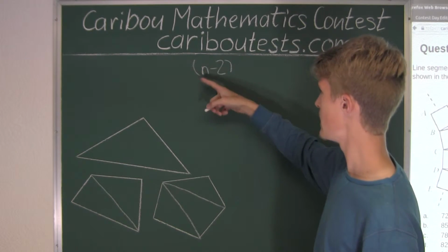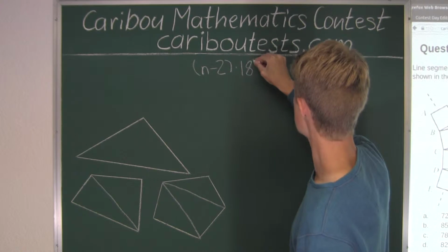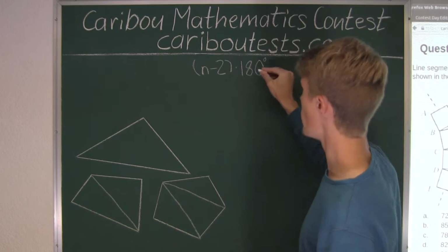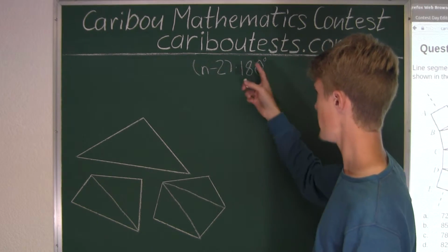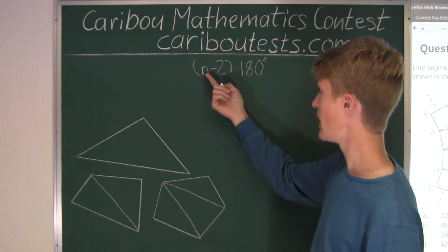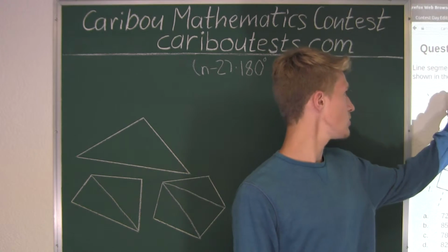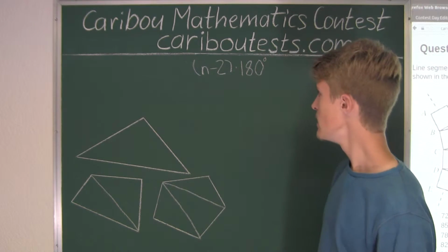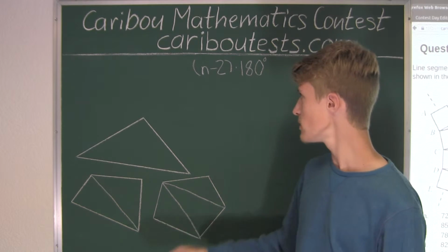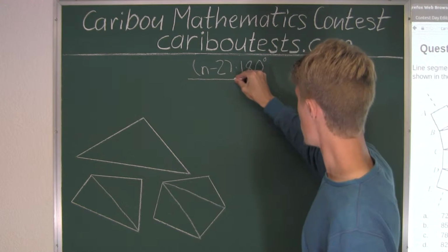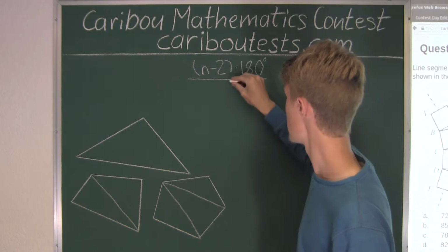So we have (n minus 2) times 180 degrees, which is the sum of the interior angles in a polygon with n sides. For a regular polygon, like in our question, to find each interior angle we must divide this by the number of interior angles, which is n.